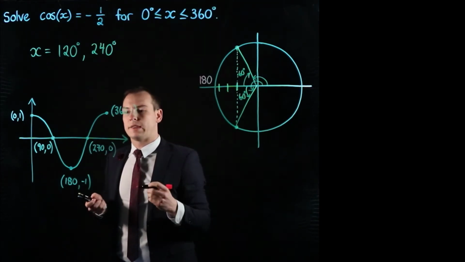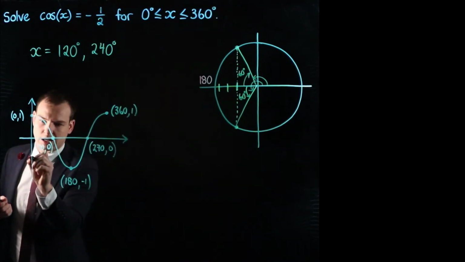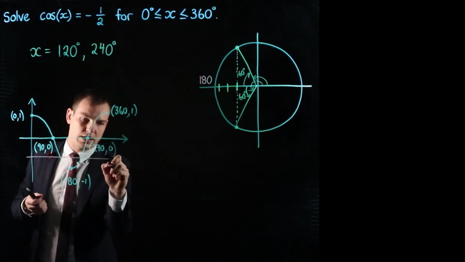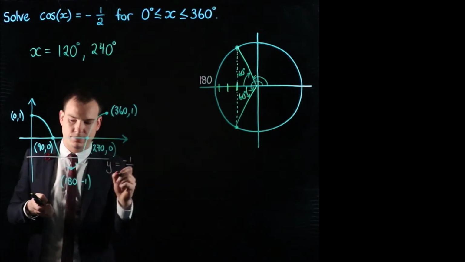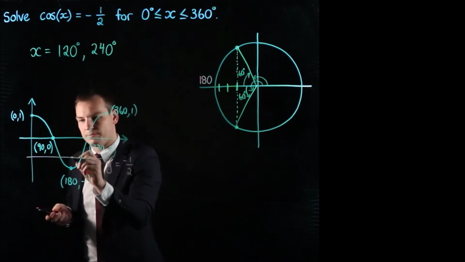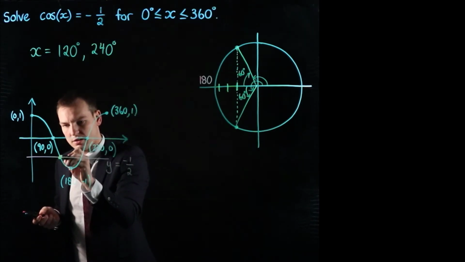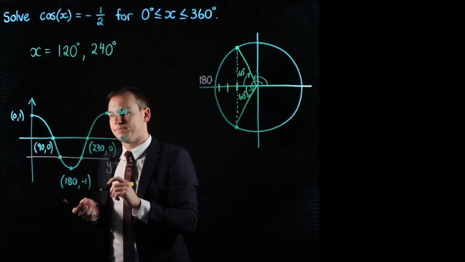And now this line that I'm about to draw on is going to be y equals negative 1/2. So it's going to cut through the function somewhere here, and its equation is y equals negative 1 divided by 2. And we can see on the graph that there are 2 points of intersection. There's a point of intersection just here, and there's a second point of intersection over on this side.